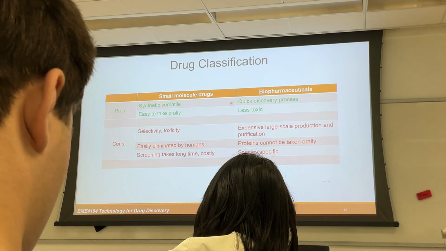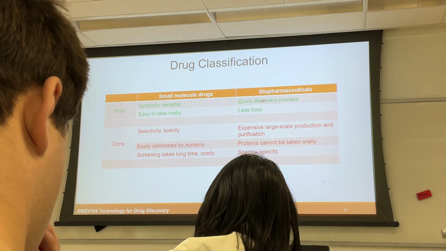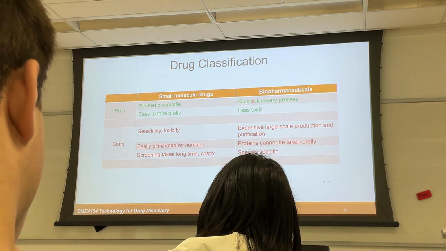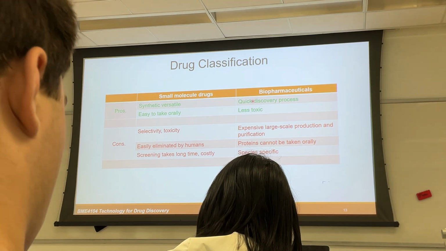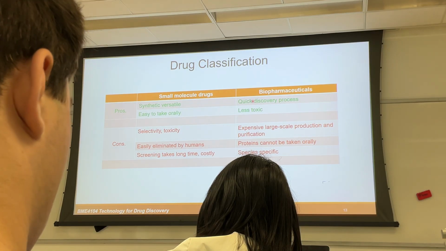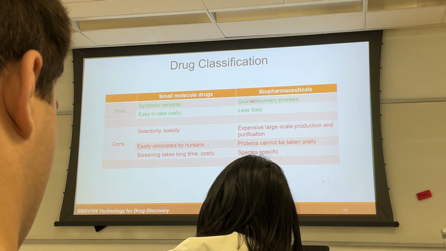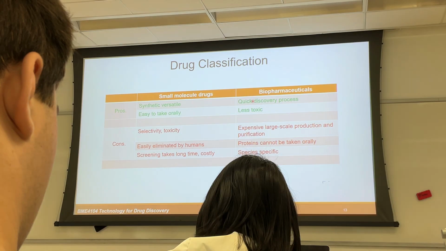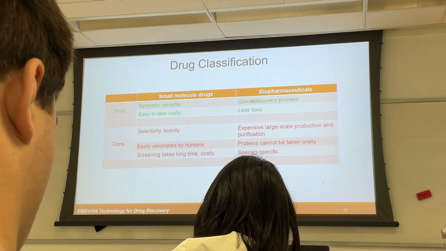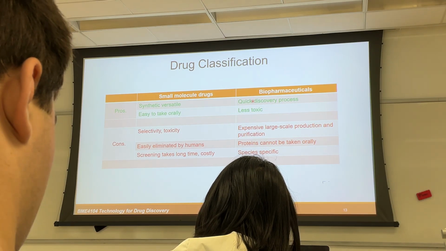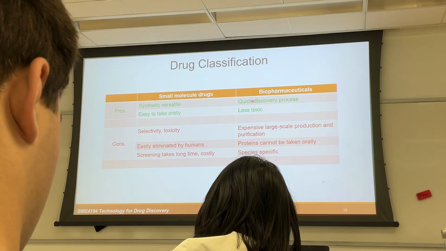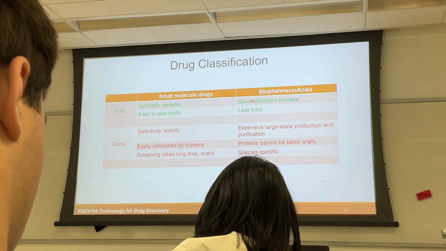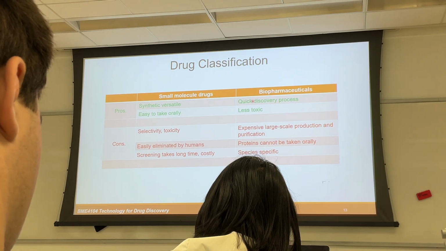All right, on the quick discovery process, one excellent example is the COVID-19 vaccine. We know it's the mRNA vaccine, so it can also be counted as a biologic drug. We know it works excellently because people could develop it really quickly during this pandemic period.